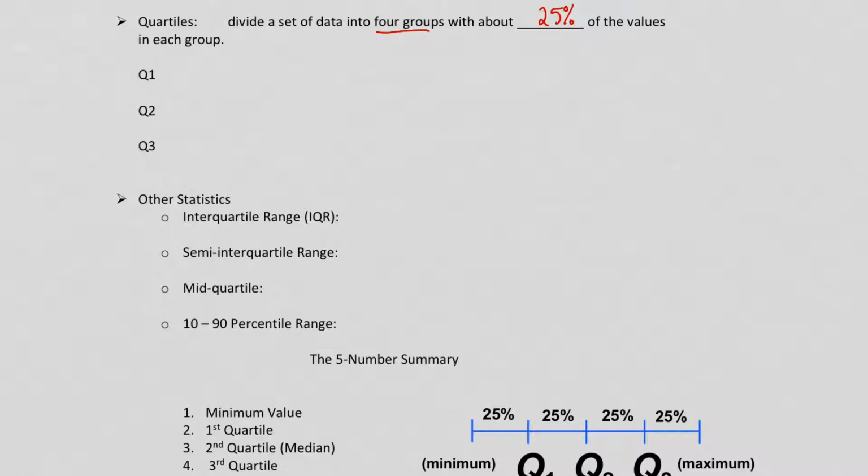Quarter 1, or Q1, is called the first quartile. The first quartile is basically the 25th percentile, which is basically saying you're looking at the bottom 25%.